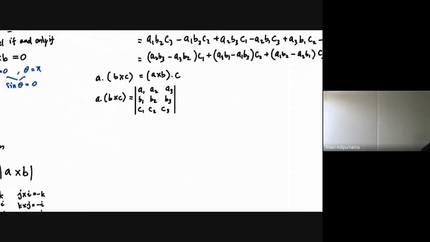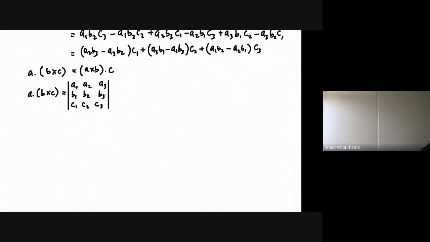Now, if you want to observe the geometric aspect, for example, let's say this is B, this is A, and C. And then we have an angle here.